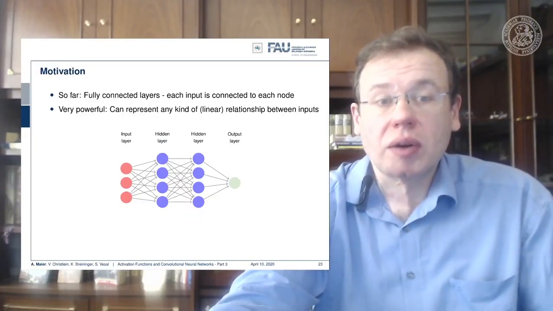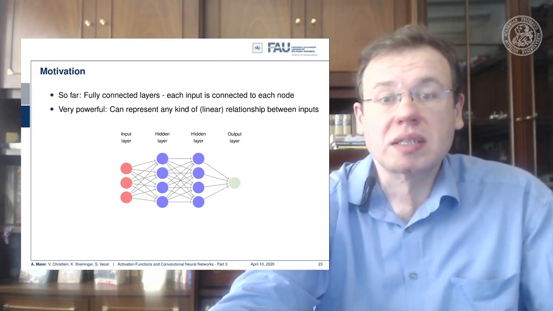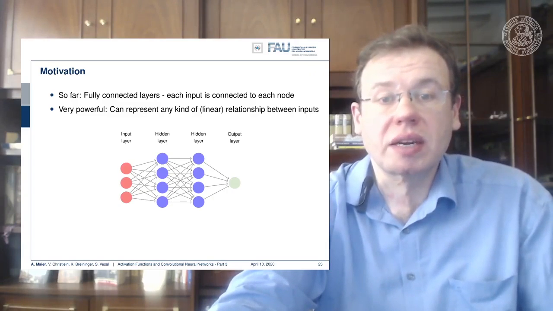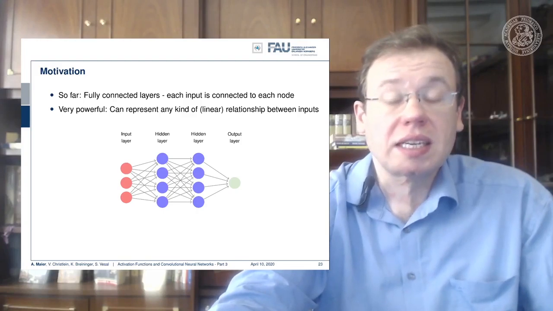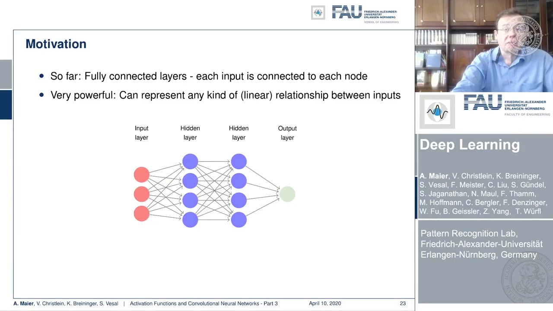So far we had those fully connected layers where each input is connected to each node. This is very powerful because it can represent any kind of linear relationship between the inputs. Essentially, between every layer, we have one matrix multiplication.